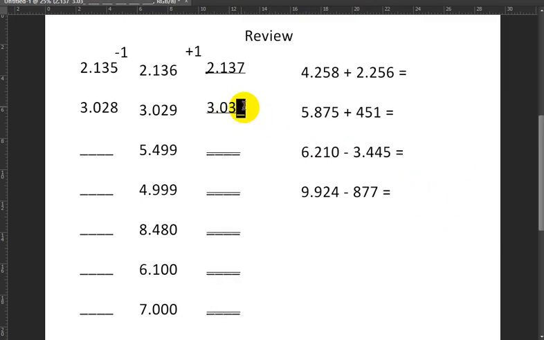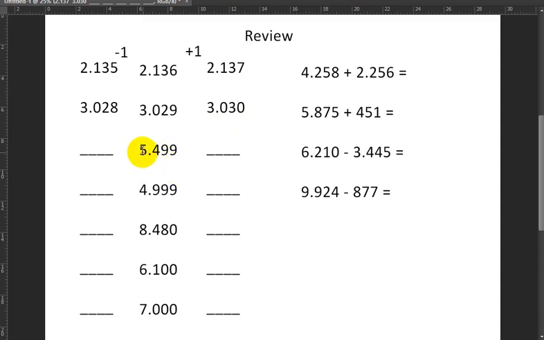But what about the ones? Well, in the ones, if you remember, we write 0 and we carry 1. Since 9 plus 1 makes 10, I write 0 and I carry 1. So the next number after 3,029 is 3,030. Just like the number after 29 is 30, right after 3,029 is 3,030. All right.